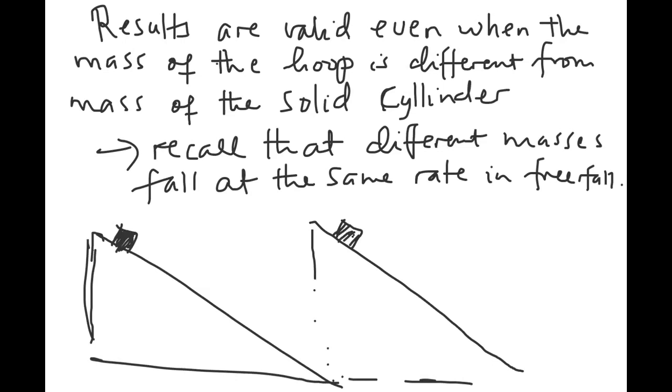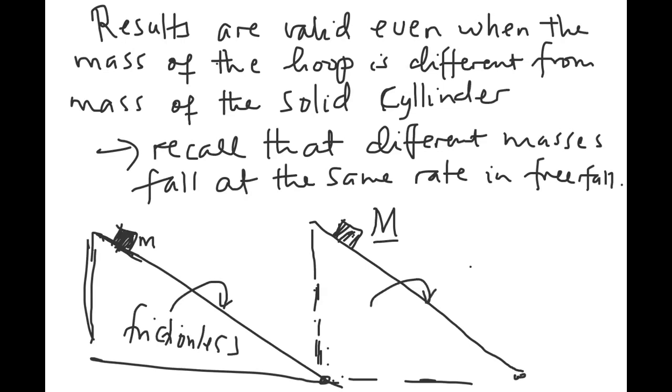Now, this has smaller mass and this one has a larger mass. For this block of ice, which moves down, where we can ignore surface friction, we see that mass doesn't matter in terms of how fast they fall to the ground. So if you do this experiment, a small mass and a bigger mass will arrive at the bottom at the same time, as long as this is frictionless.